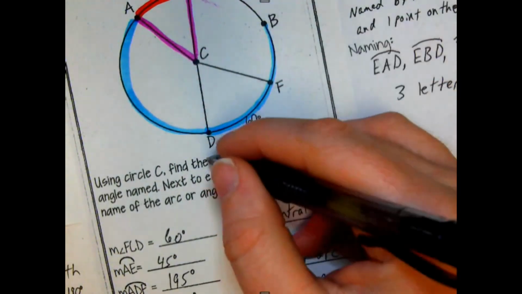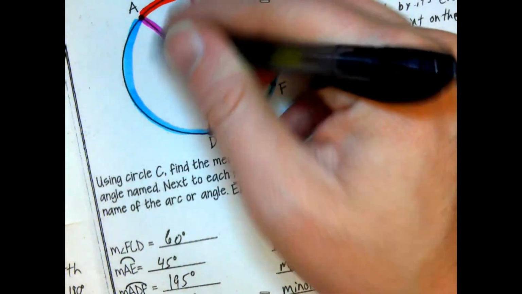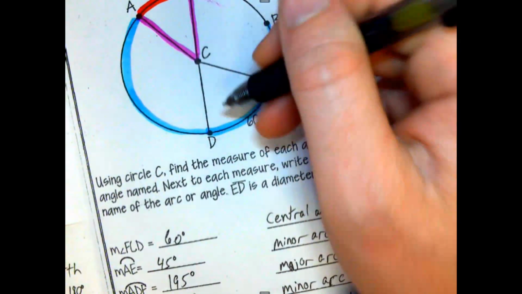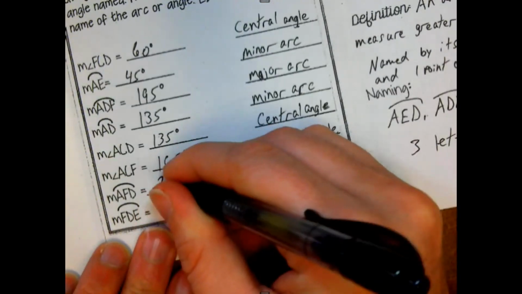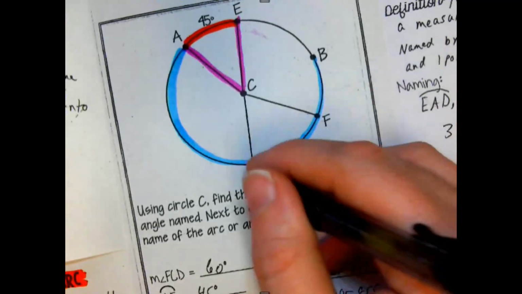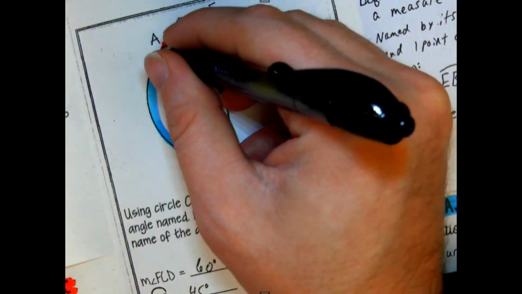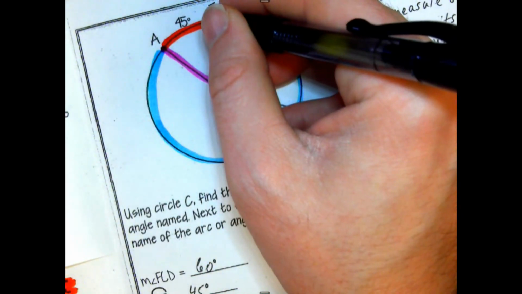AFD, that's everything except for this 135 degrees. So 360 minus 135, that's 225 degrees. And then finally FDE, so that's going to be this 195 plus 45 more, which is 240 degrees.